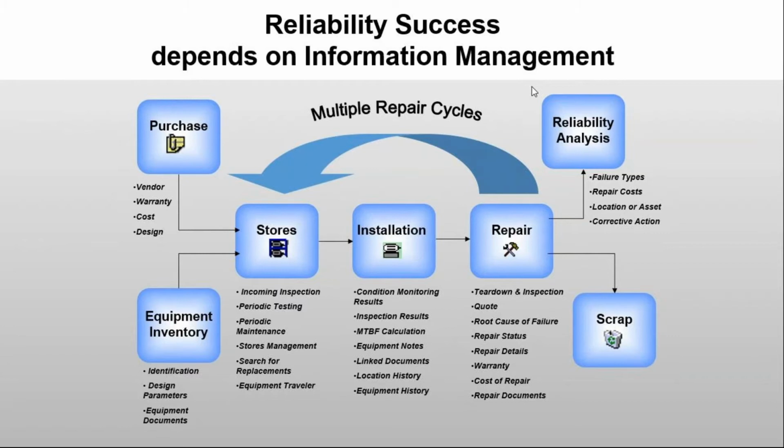Even while it's in stores, there may be certain tests being done, things on periodic maintenance, such as offline motor tests on motors that are in stores, or maybe even just the replacement of desiccant packs in the warehouse on a monthly or quarterly basis to keep condensation from causing problems.